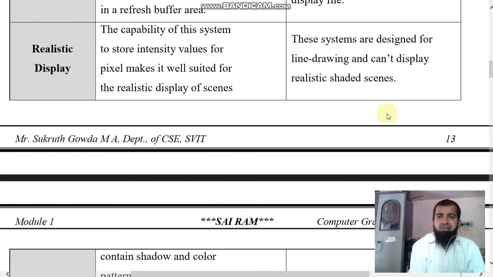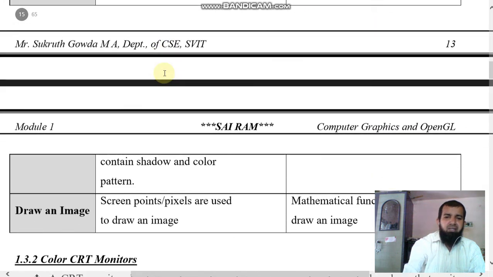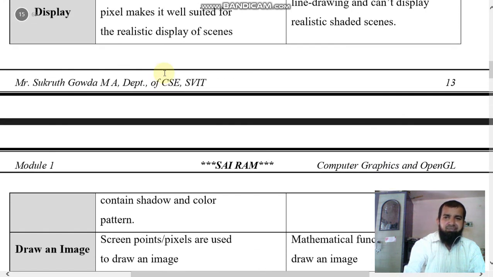In random scan, these systems are designed for line drawing only, with smooth lines, and can't display realistic shaded scenes. But in raster scan, you can draw shadows, color, etc.